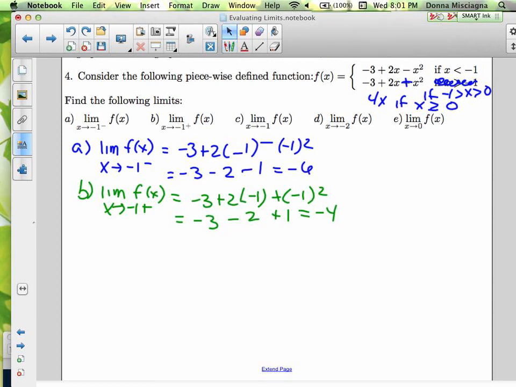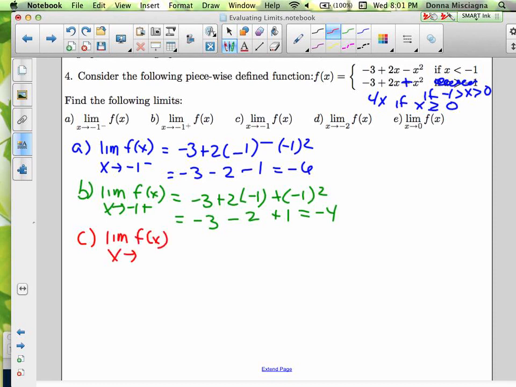But either way, on C, the limit of f of x as x approaches negative 1 does not exist because the limit from the left does not match the limit from the right.